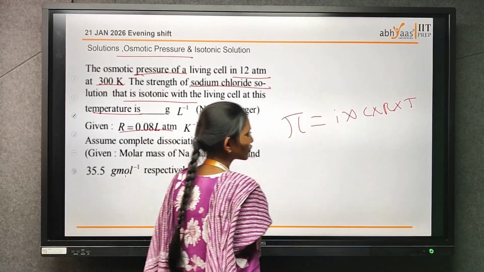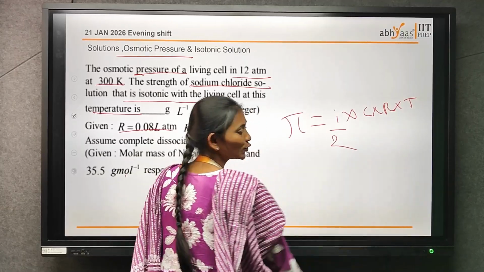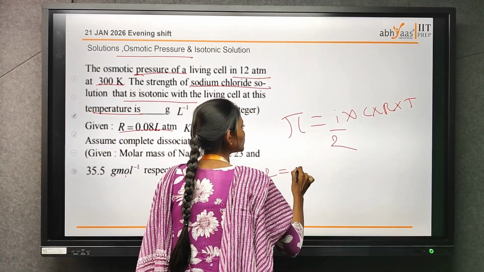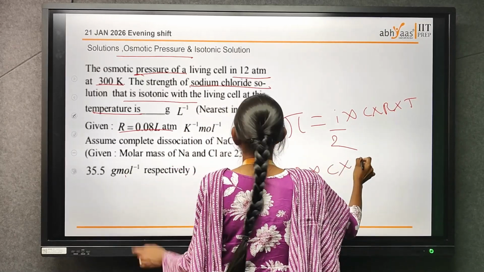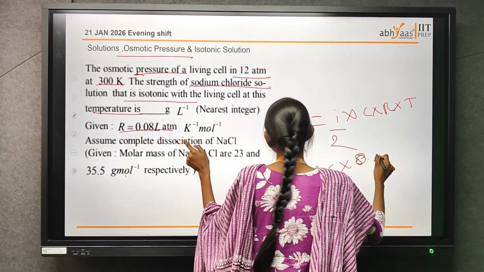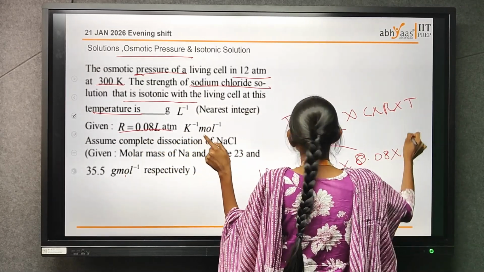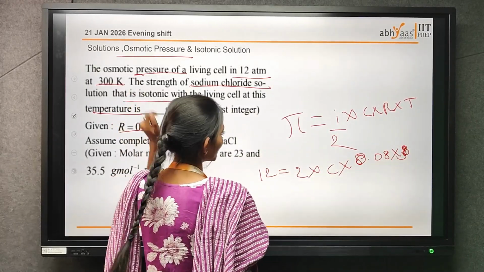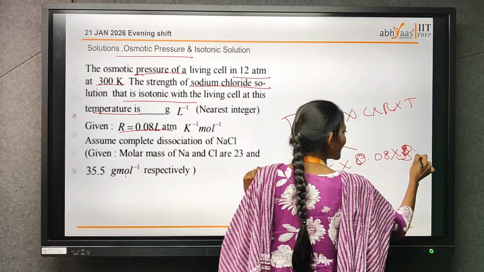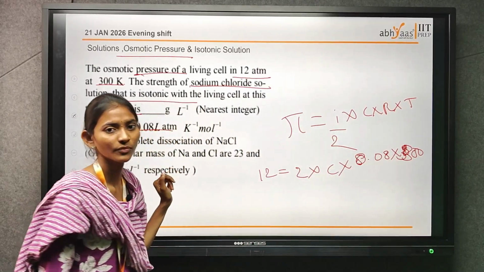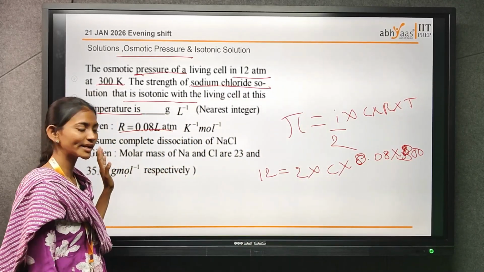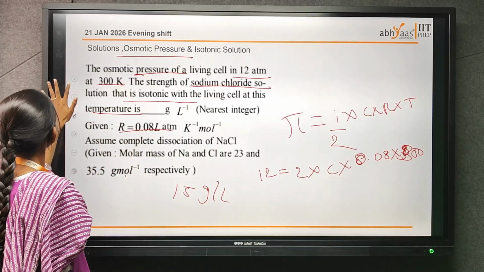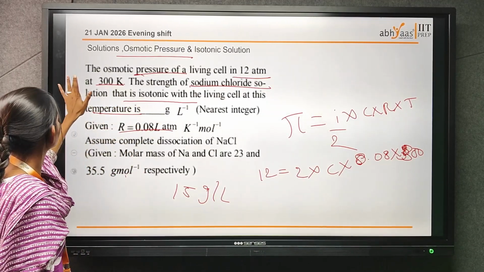The i value they have given is 2. So 12 is equal to 2 into C, which we don't know, R we know is 0.08, into T, which is 300. Upon calculation you will get approximately 15 grams per liter. Not that lengthy, a tricky question.